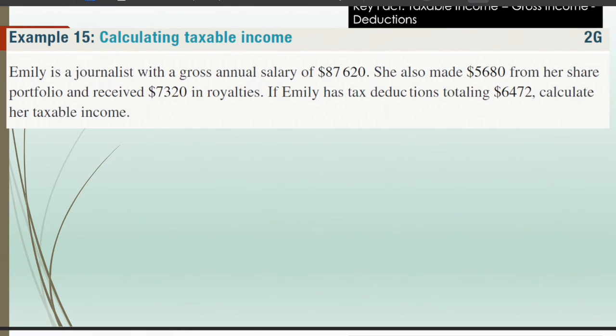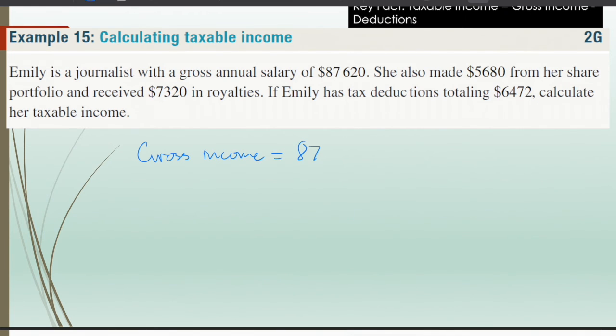Okay, Emily is a journalist. Her salary from her job is $87,680, but she also has some side income from a share portfolio and some royalties. So these are common questions where we need to add up a bunch of incomes to find her gross income. But it's all pretty straightforward.